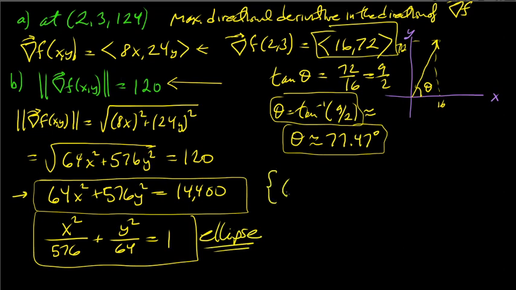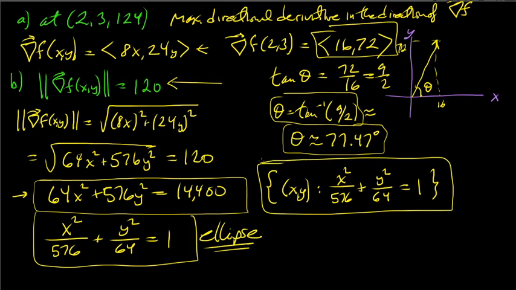So to answer the question, it's the set of points x and y such that x squared over 576 plus y squared over 64, sorry, is equal to 1. So every point on the ellipse has a gradient with the magnitude of 120.